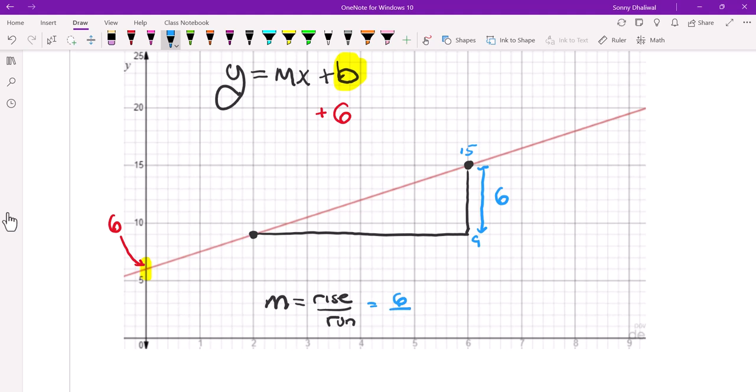Going horizontally, we start at 2 and end up at 6. How far did we move horizontally? 4. So our slope is 6 over 4, or we can simplify that fraction because they're both even numbers. We divide by 2, so just 3 over 2. So our slope is 3 over 2x, and our equation is y equals 3 over 2x plus 6.